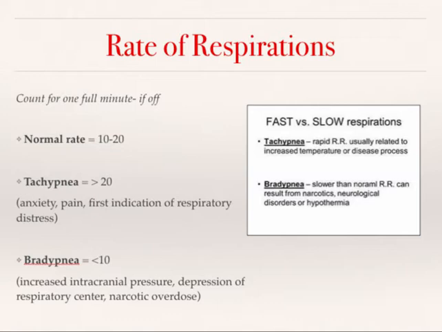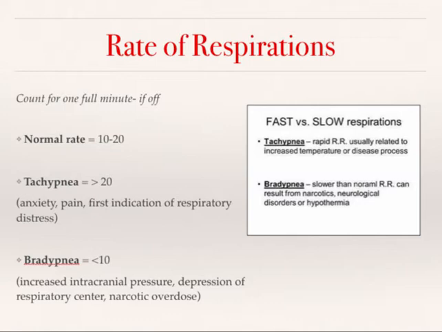So if they have asthma, COPD, or CHF with fluid overload on the lungs, sometimes you'll see tachypnea with it. You'll see tachypnea in kids a lot, if they're sick with certain viruses. You'll see it in the newborn a lot, because a lot of C-section babies don't get the fluid pushed out of their lungs well, so they'll have tachypnea at the very beginning. You'll see it in peds a lot.